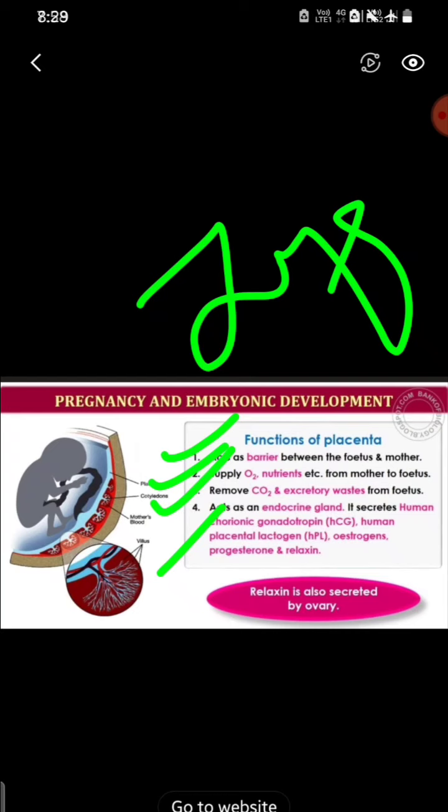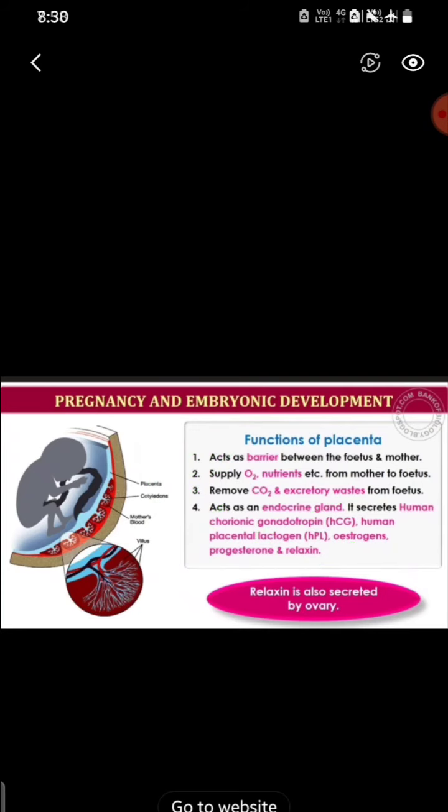Okay, so what helps in secreting all of these? This placenta will help. The formation of the placenta is like a sign for the release of these hormones. Especially HCG, human chorionic gonadotrophin hormone, human placental lactogen and relaxin. These three hormones are specially released only during pregnancy. Okay, so this is very important and you should remember.